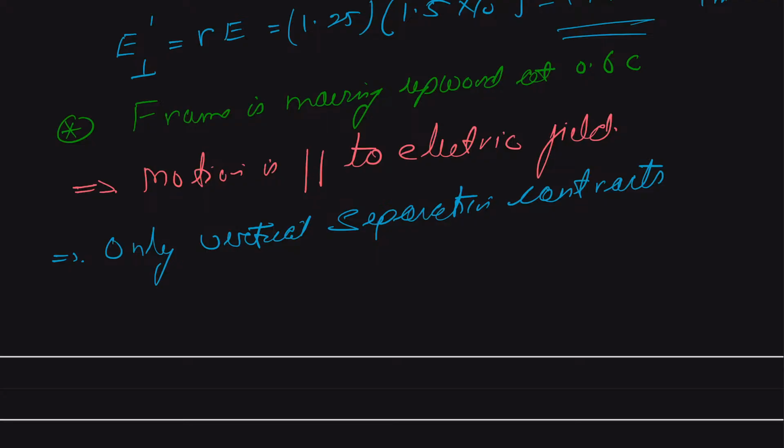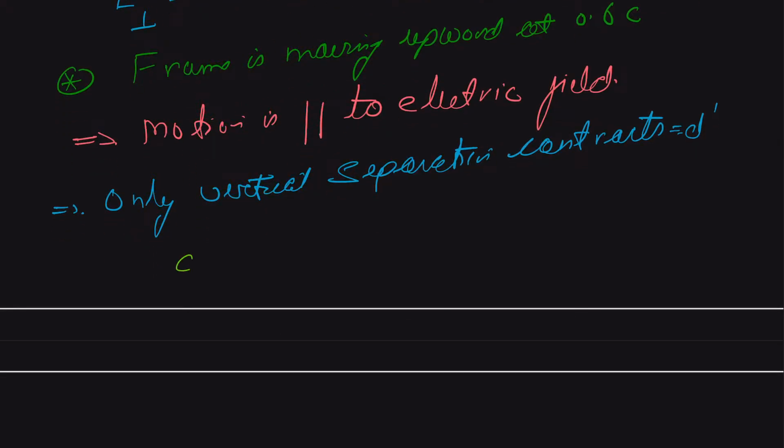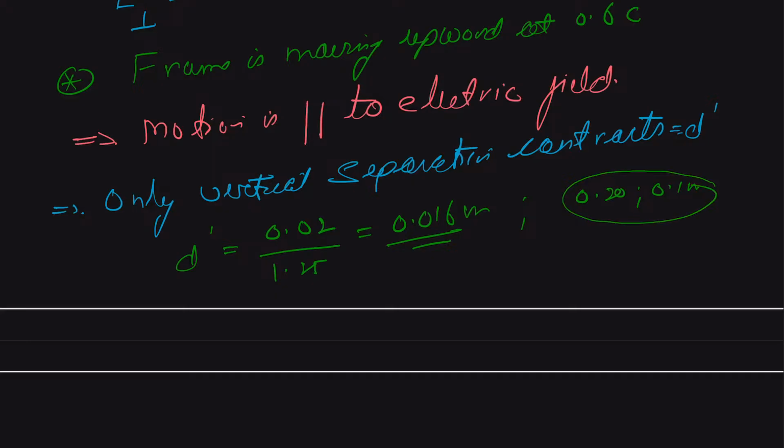Suppose that is given as d prime, and this d prime will be equal to the original separation, that is 0.02, divided by gamma, that is 1.25, and this will be 0.016 meters. The other dimensions, that is length as well as breadth, are going to remain unchanged. So it will be 0.20 as well as 0.10 meters. These two dimensions, length and breadth, are not going to change.